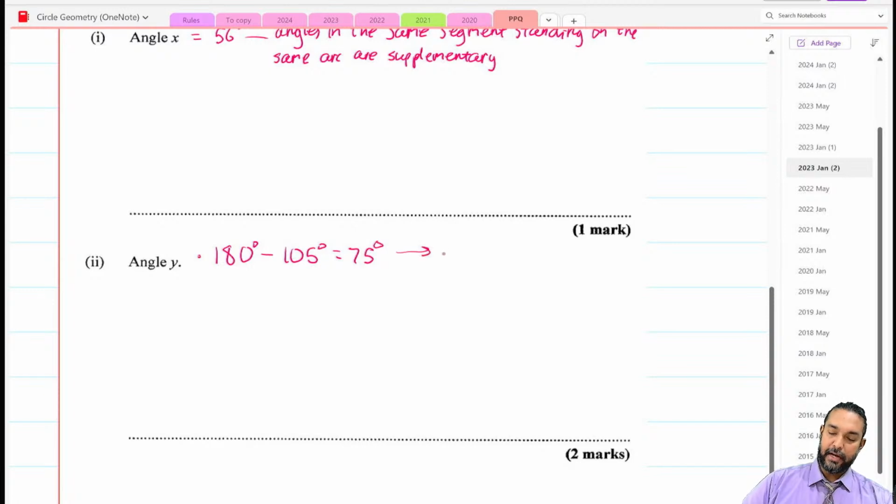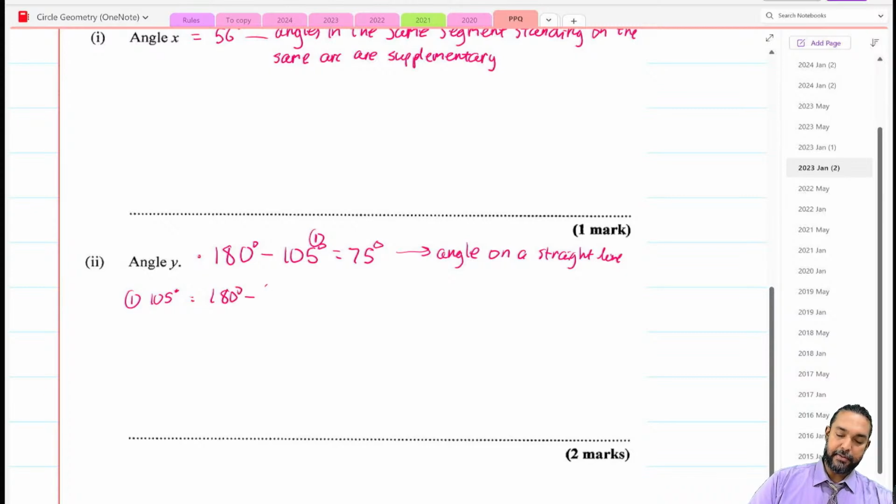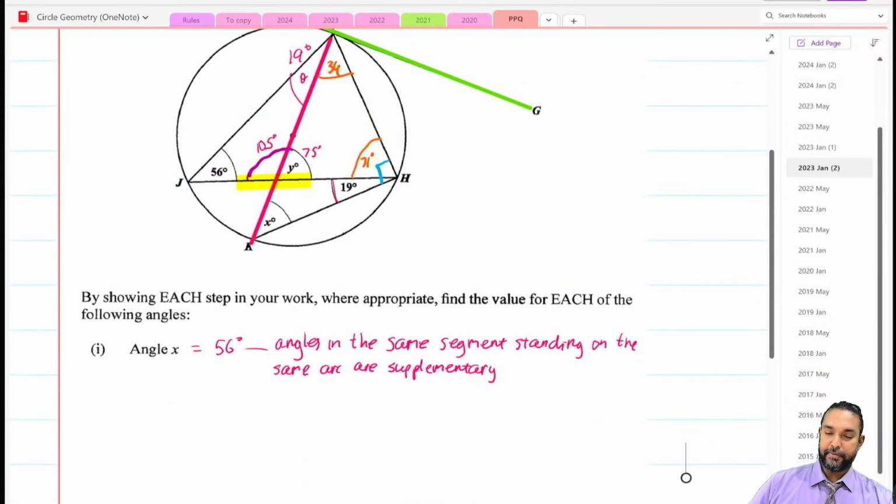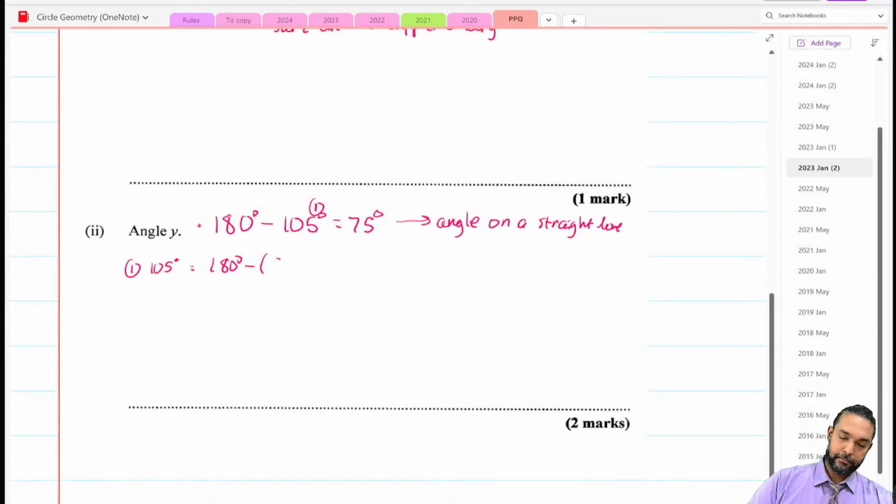This is because the angle on a straight line. All right, I'll put a little 1 here, and then come down here. So 1, right? So the 105 is equal to 180 minus, what was the 56 and the 19? And here you could say angles in a triangle sum to 180.